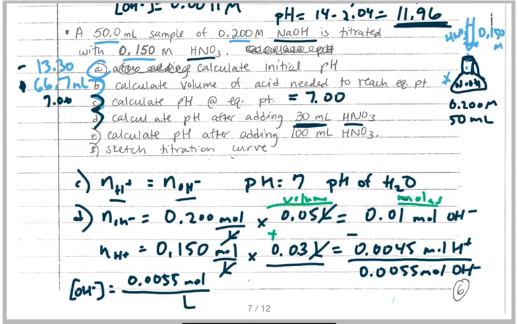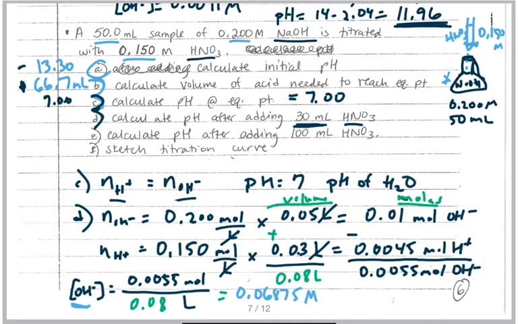So 0.05 plus 0.03 is 0.08 liters is our total volume. And so our concentration of hydroxide is 0.0055 divided by 0.08, which is 0.06875 moles per liter, or molarity.